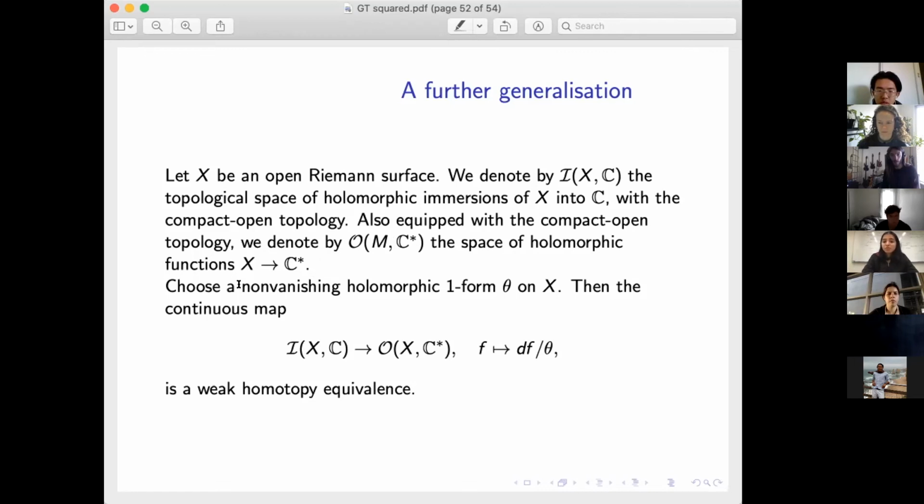If we choose a non-vanishing holomorphic one form theta on X, which we can always do, then this continuous map, which sends f to df over theta, which is of course a genuine non-vanishing holomorphic function, is actually a weak homotopy equivalence. So these two spaces have roughly the same shape.